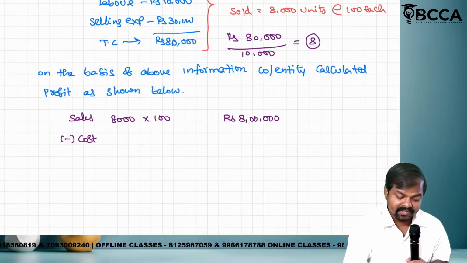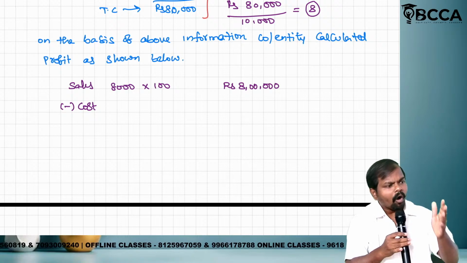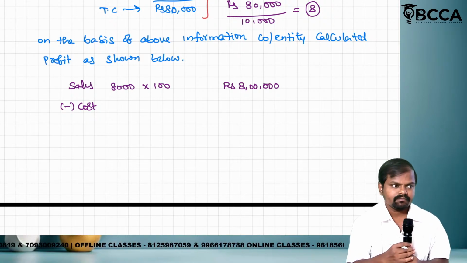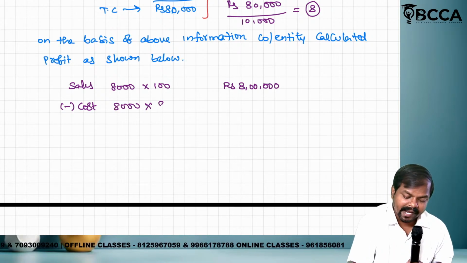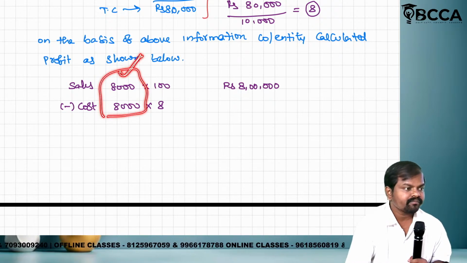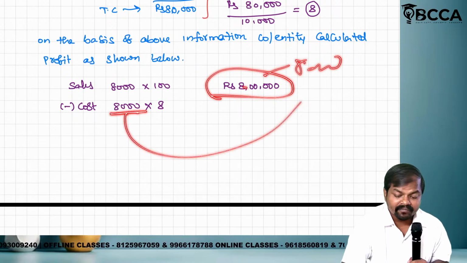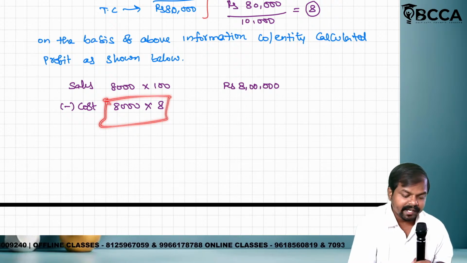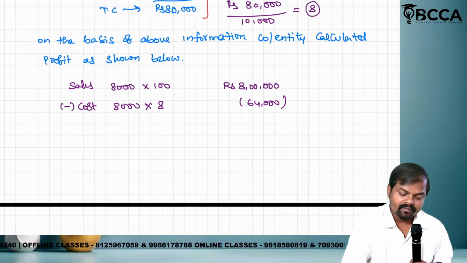In the previous discussion, we came across that revenue generated by the units is matched with the cost. It means 8,000 units into 8 rupees cost should be disclosed. Why? The matching concept should be there. This is for 8,000 units, so cost should also be for 8,000 units only. That is the reason 8,000 into 8 is 64,000. What is the profit?